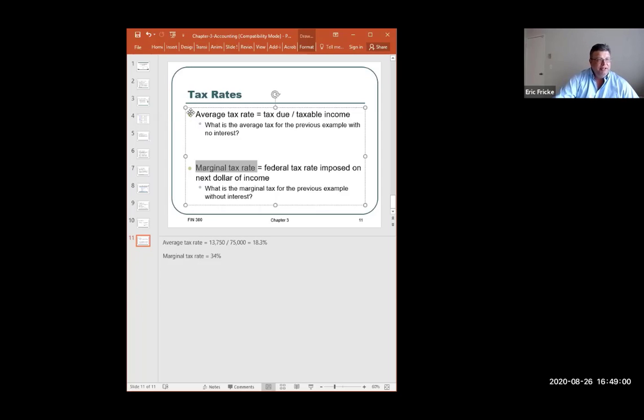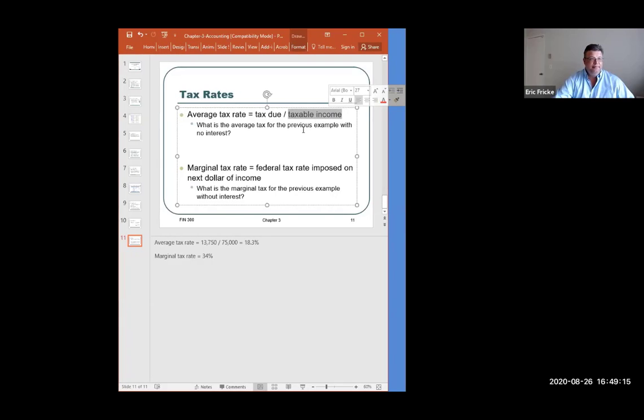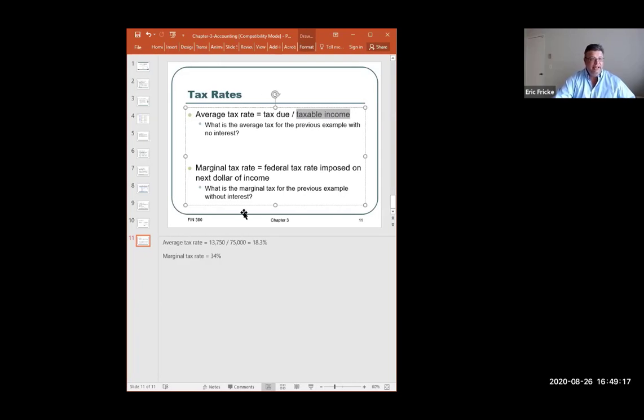Average tax rate takes into account your taxes paid at every single taxable bracket that we did on the previous slide. So it's total taxes due divided by the total income. On the previous slide, in the first example, we had $13,750 of taxes paid on $75,000 of income. So our average tax rate was 18.3%. It was somewhere between those different tax brackets because it was an average of them.